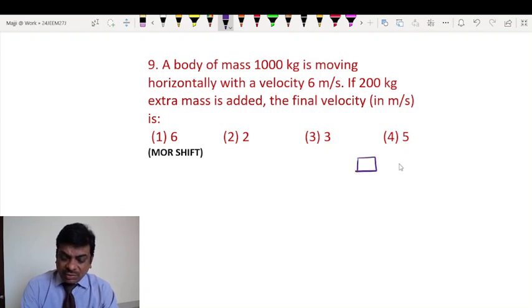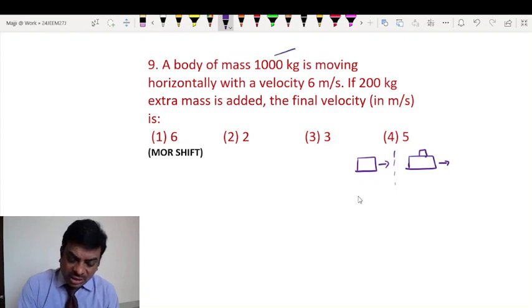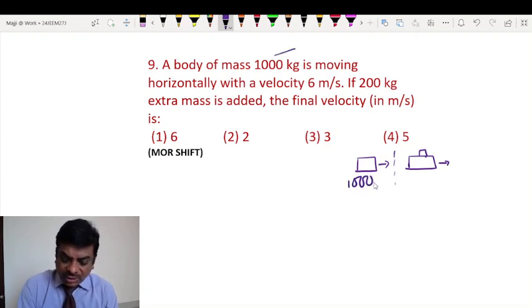Conservation of linear momentum simply states that in the absence of external forces, the linear momentum of a system remains conserved.